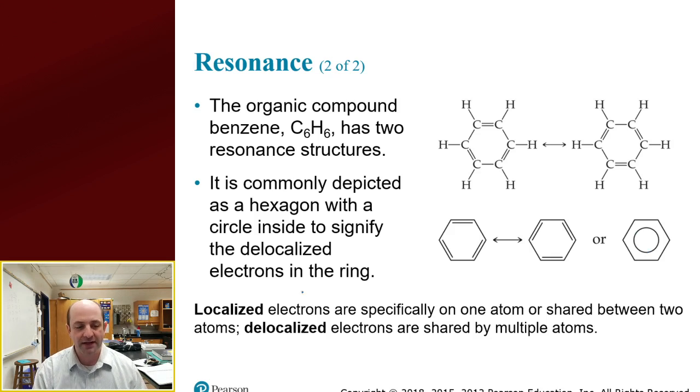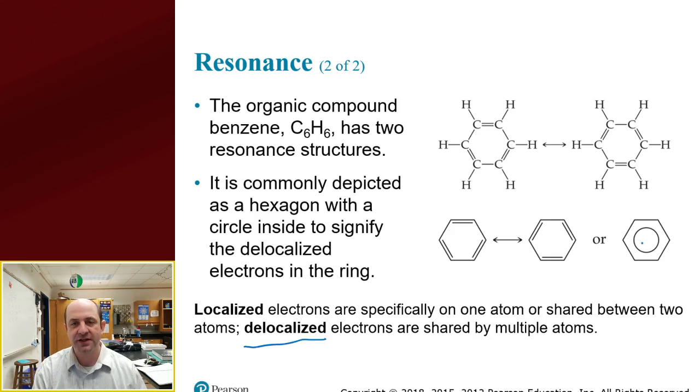And what we say for that is these electrons, when they're spread out, when it's an average of multiple resonance structures, they are delocalized. They are spread out over multiple atoms, being shared equally. So again, for benzene, we don't have 3 short bonds and 3 long bonds. We have 6 bonds that are all the same distance. Everything is nicely averaged out.